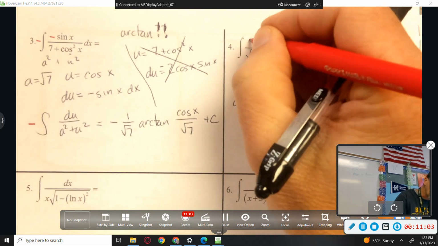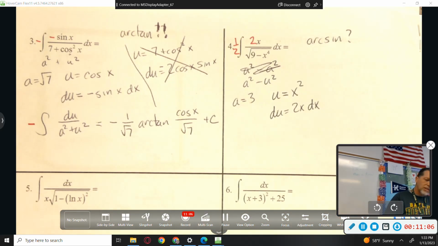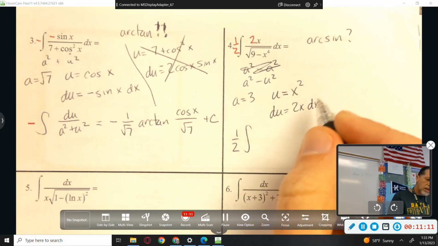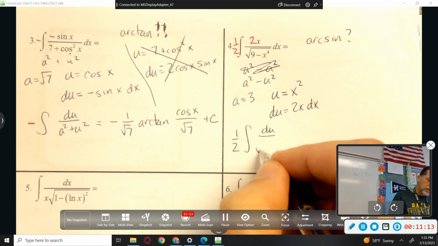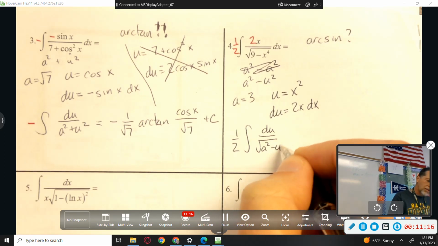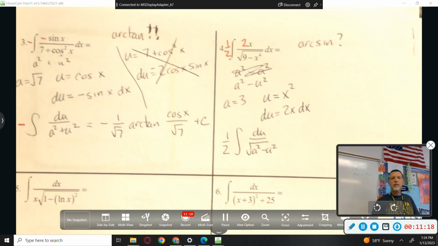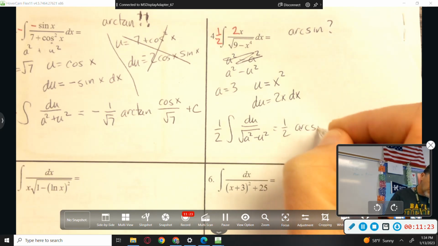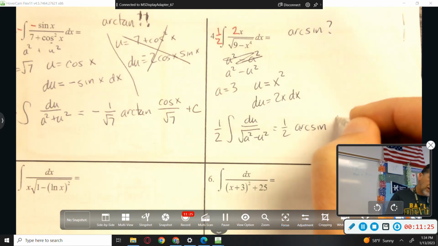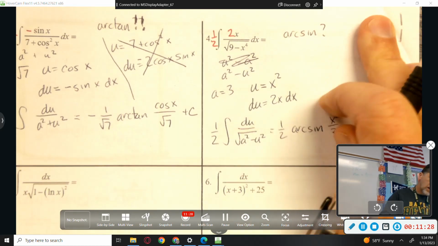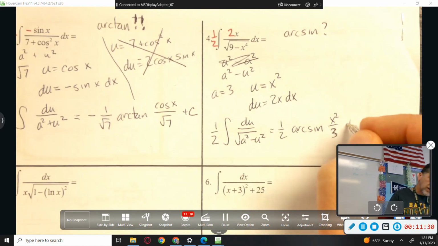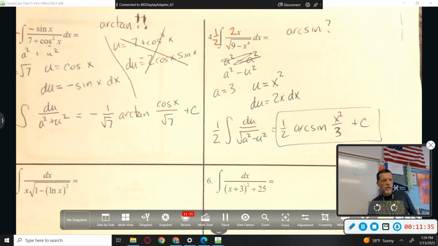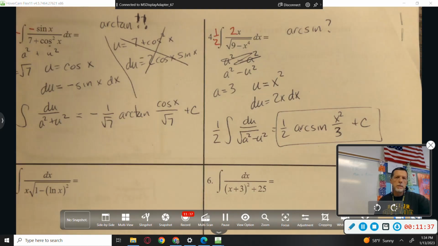So yeah, this will work. I could put a 2 on there and then a half out front. So du over square root of a squared minus u squared. So yes, arcsine. 1/2 arcsine of u over a, x squared over 3, plus c. Yay, next.